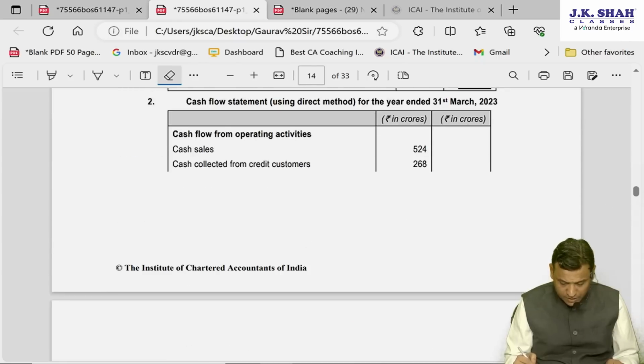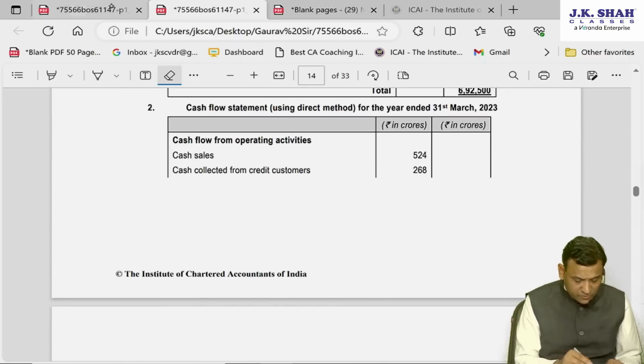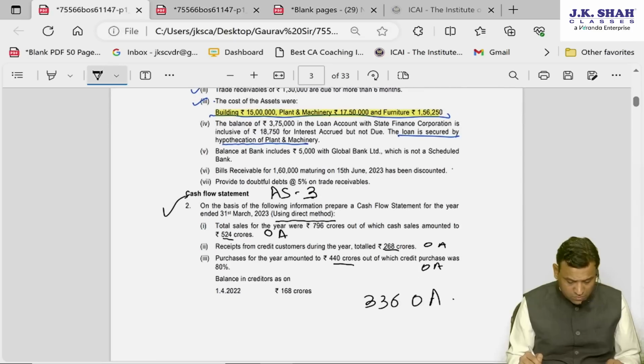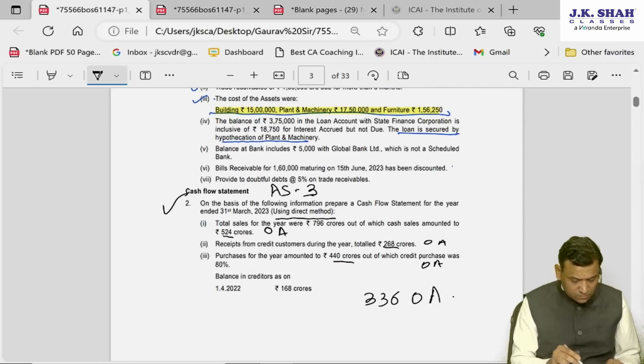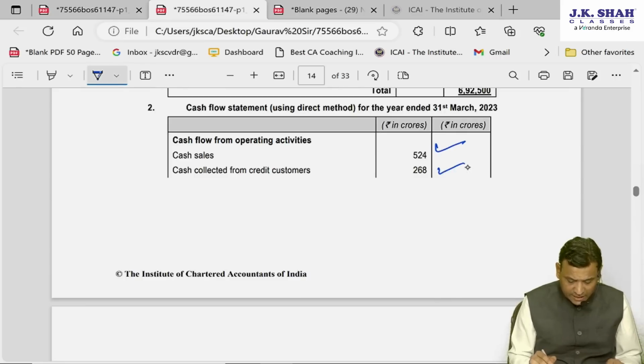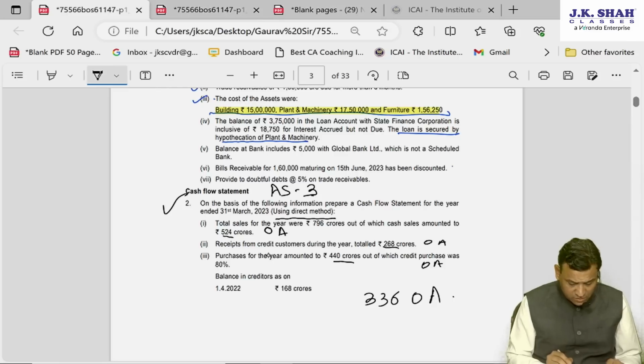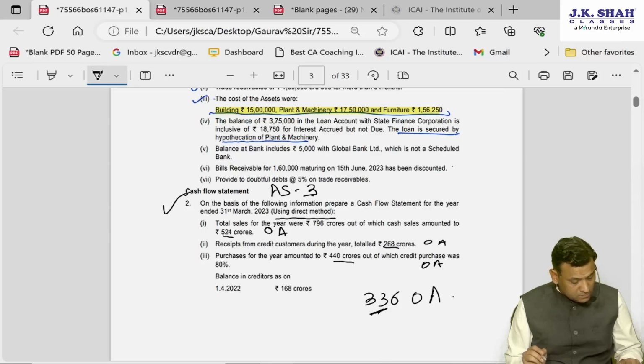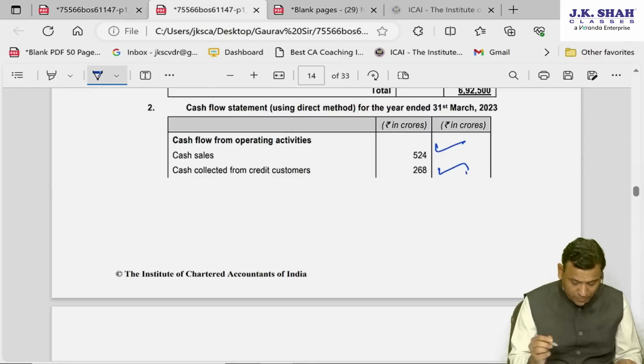Now see, cash sales, which was 524, then cash collected from customers, which was 268. Now purchases, can I say 336 was nothing but our operating activity, plus 440 into 20%, which was 88 also, that was also operating activity.